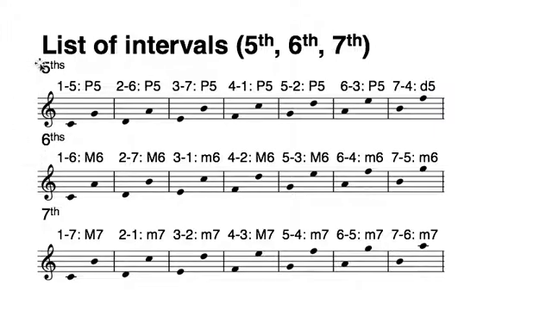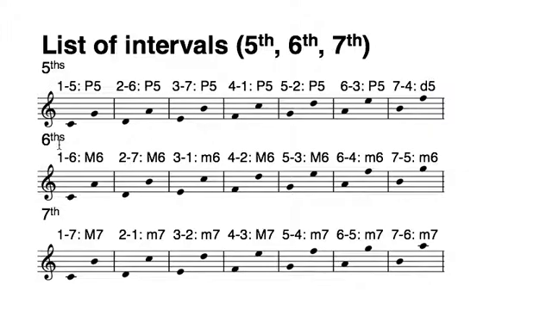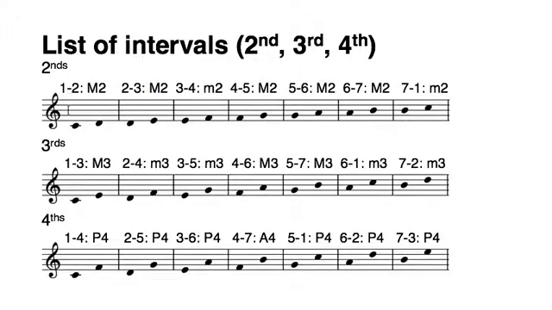And why I say this is because here in this list we have the complete set of fifths, sixths, and sevenths of a major scale, but we can get to these by inverting these, right? So once we have done the work for seconds, thirds, and fourths, we have pretty much done the work for fifths, sixths, and sevenths. It's just that these are all inversions. These are all the idea of swapping the bottom note for the top note, etc.